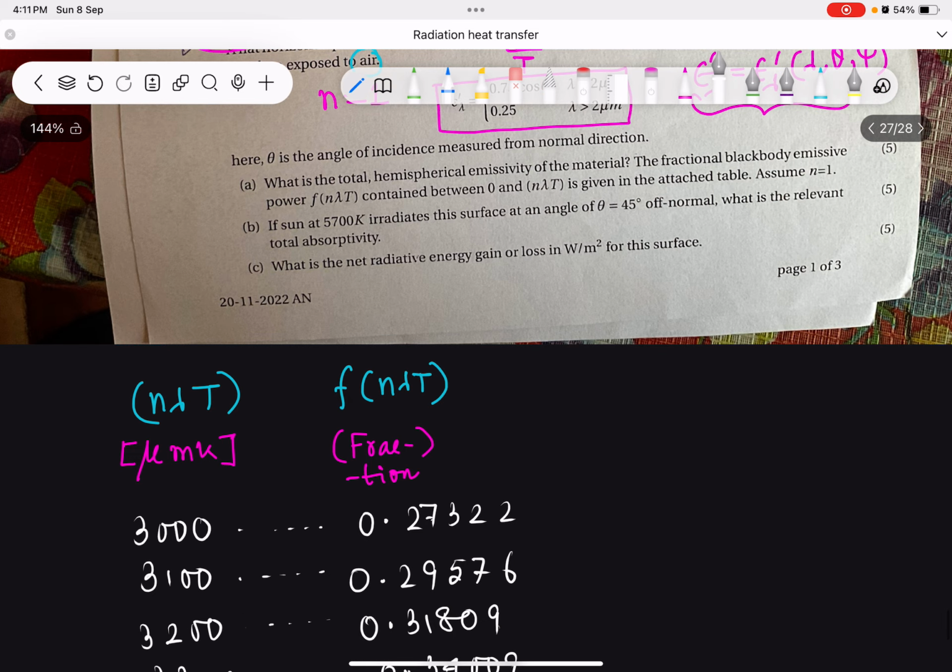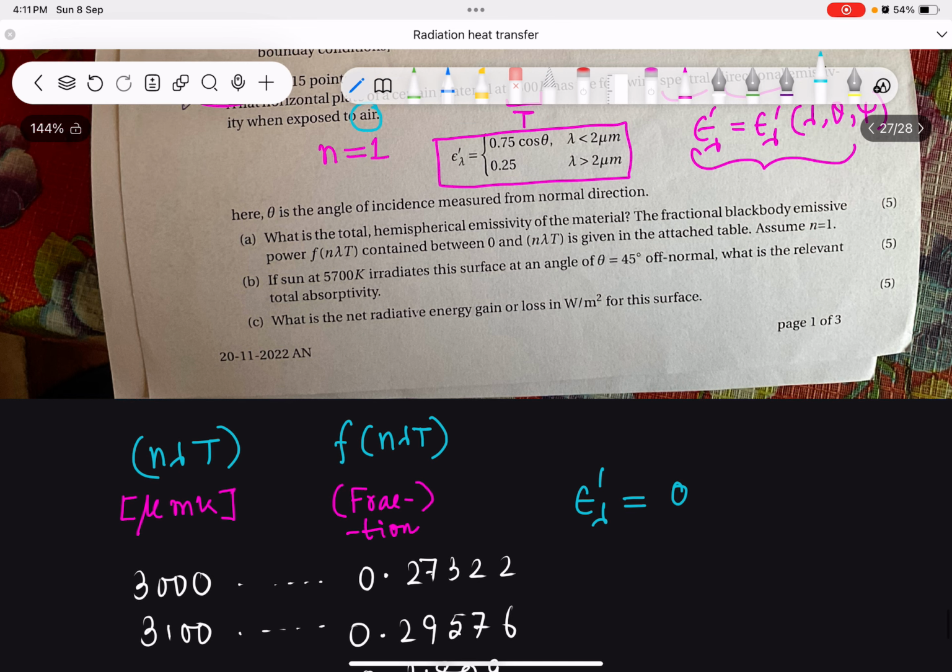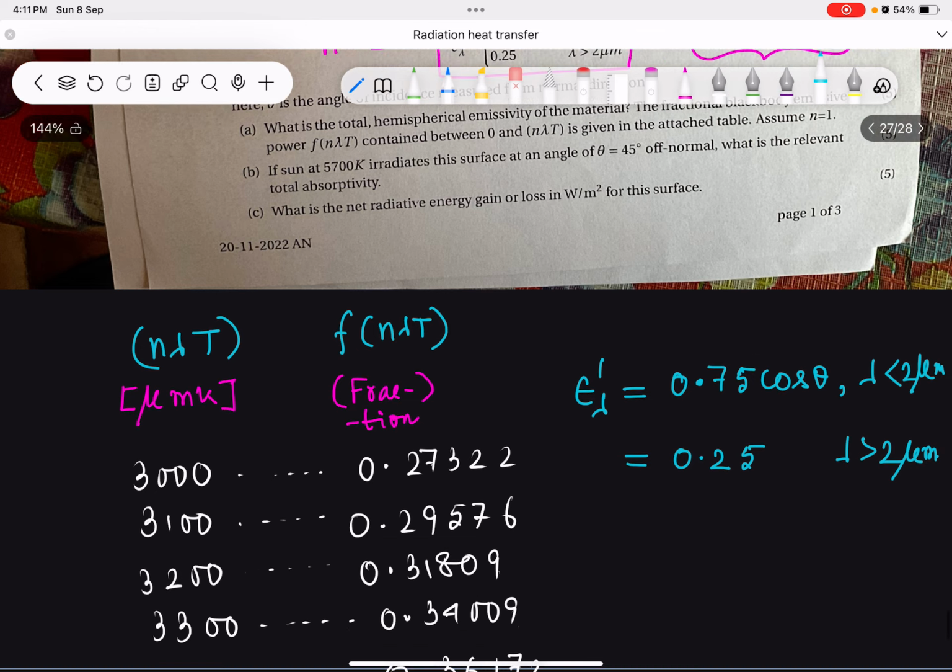First let me write the function of spectral directional emissivity. It is given as equal to 0.75 for lambda less than 2 micrometer, and equal to 0.25 for lambda greater than 2 micrometer.